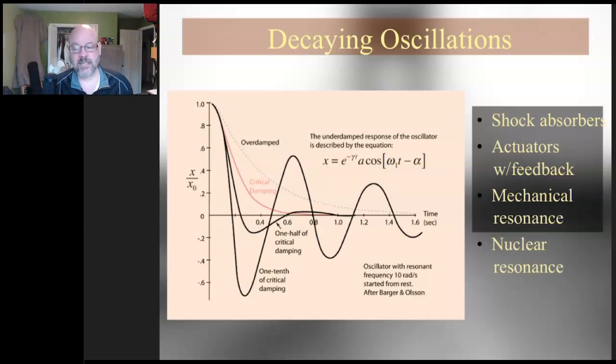Nuclear resonance is like when they stick you in an MRI machine, if you've ever had an MRI done. There's a really strong magnetic field in there, and that causes your nuclei to rotate like this. It's called precession. Then they make sudden changes to that magnetic field, and that makes the little nuclei go zing.